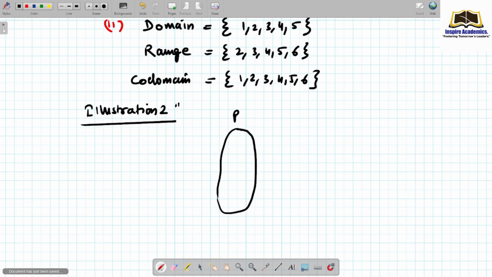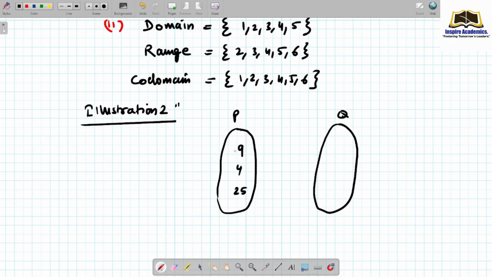We call it P and let us call it Q. Let's write down 9, 4, 25. These are the elements which are available with P, and the elements which are available with Q are 5, 3, 2, 1, then -2, -3, -5. This is P and Q, and then the mapping done is 9 is mapped with 3 like this.